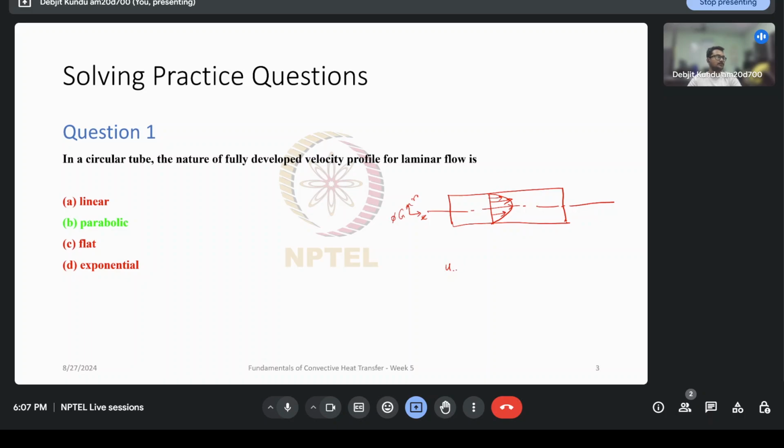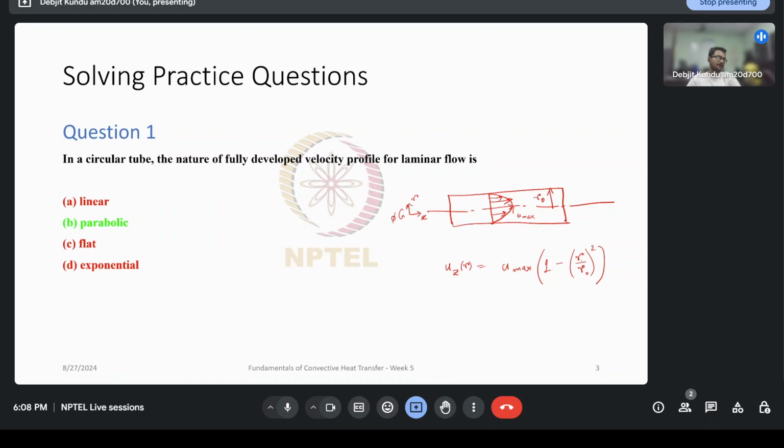In that, our axial velocity uz varies only as a function of r and is given by u max, this value over here is u maximum, multiplied by 1 minus r over r naught, whole squared, where r naught is the radius of this pipe.